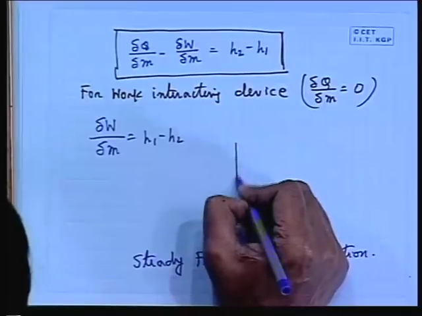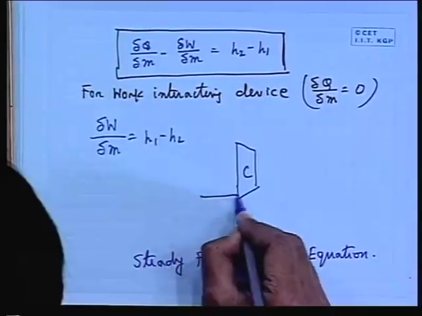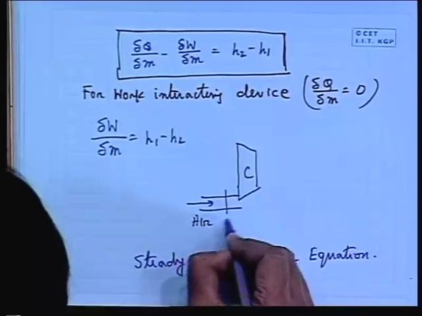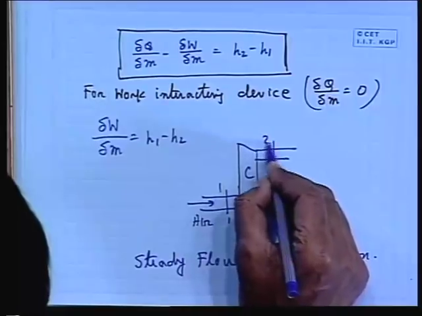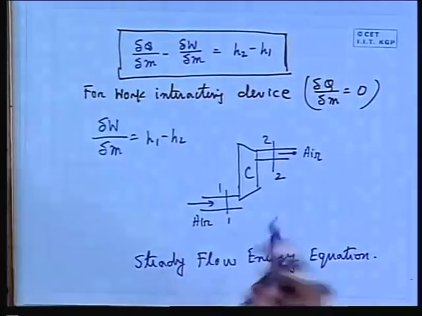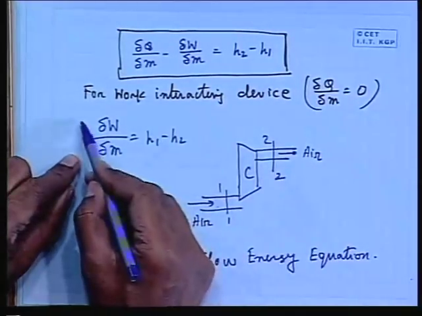That means one dealing with a compressor. I have a compressor. There is an inlet stream, air, 1, and there is an outlet stream, air, 2. Del W del M is H1 minus H2.